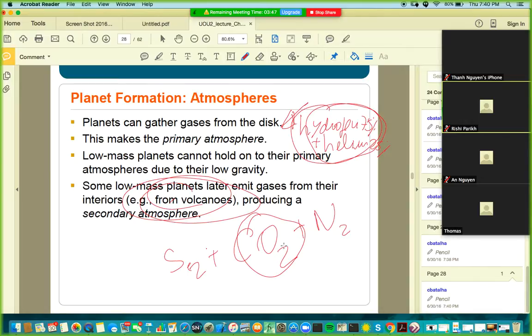Now, carbon dioxide reacts with water. So planets in the habitable zone like Earth, it got to a point in its history where water could be formed, and this water rained down and reacted with the atmosphere, carbon dioxide forming carbonic acid, and all of that washed down to the oceans.